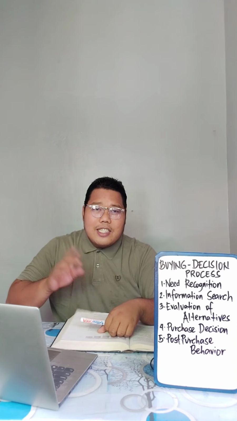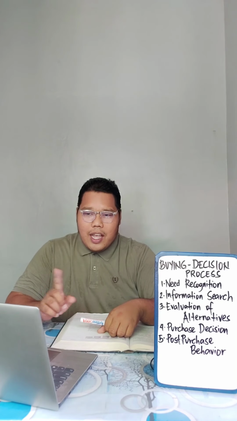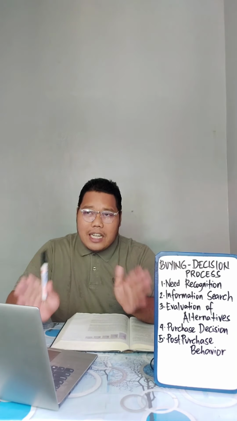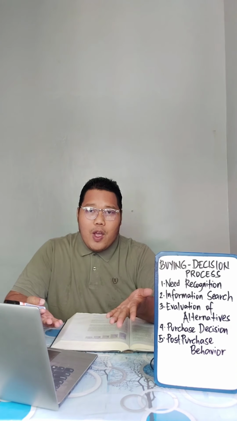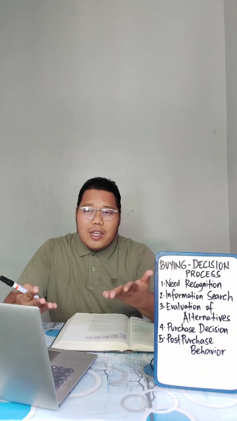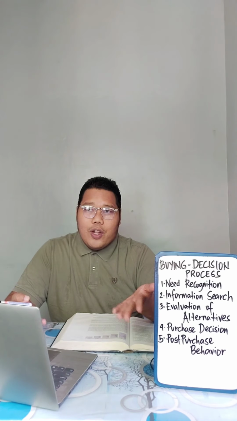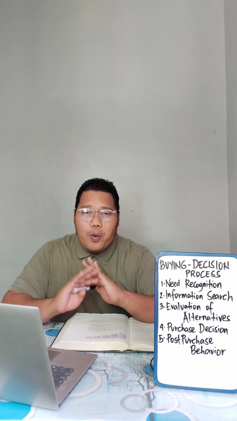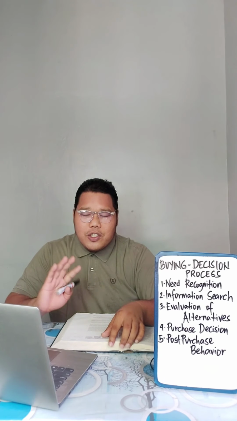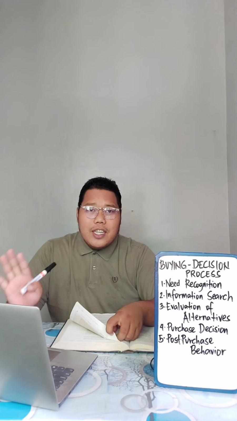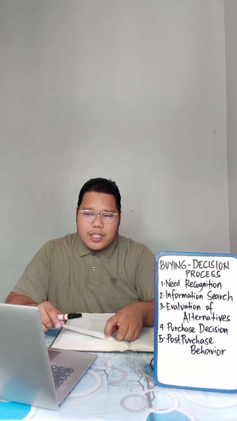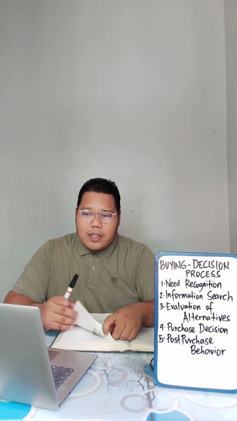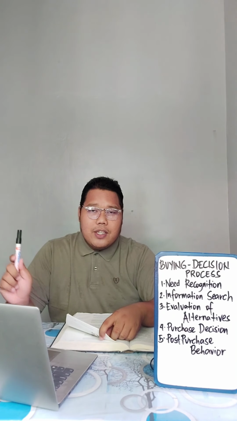Take note again that it is just purchase intention, because there are still intervening factors that may come up, even if you want to buy that product already, even if you evaluated all the alternatives and searched all the information. So these 3 general factors can intervene between the purchase intention and the purchase decision.